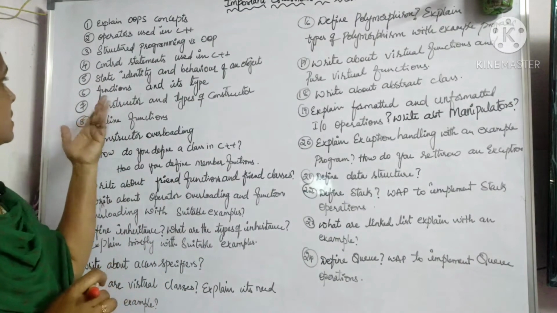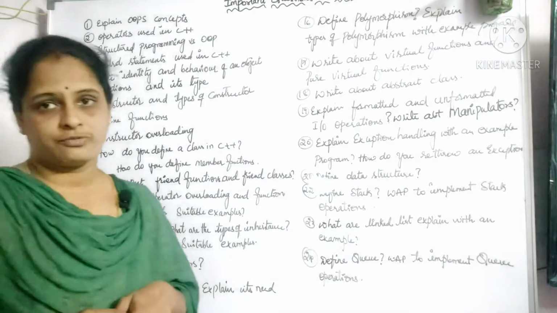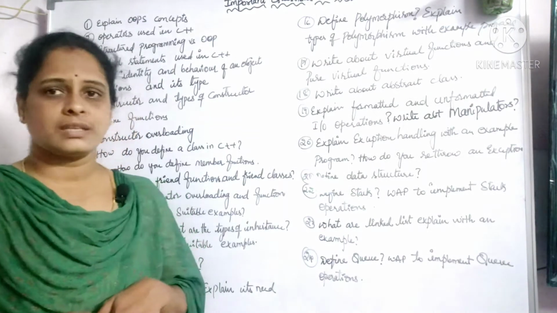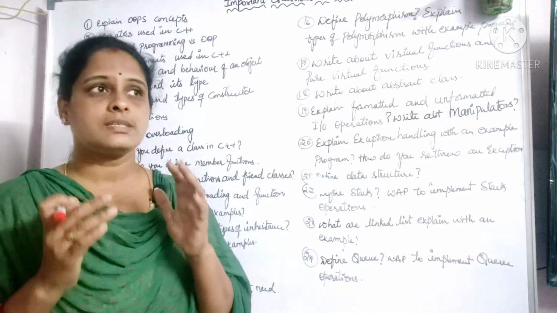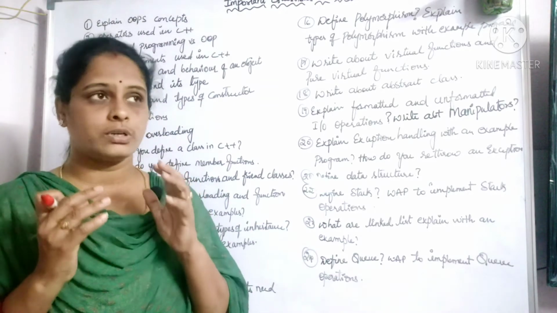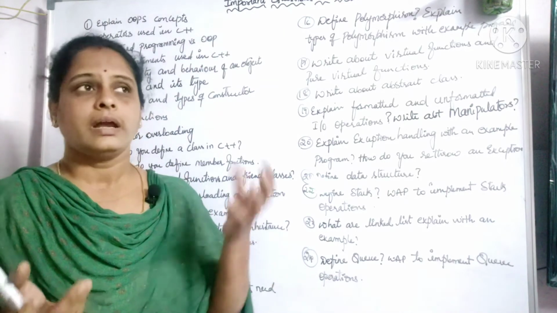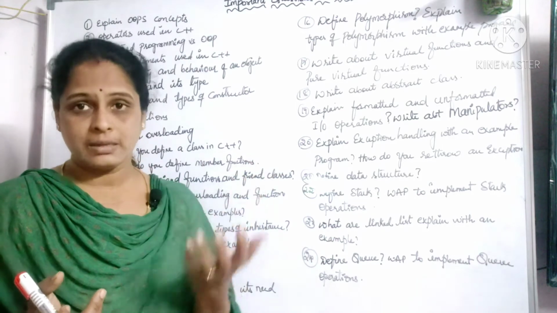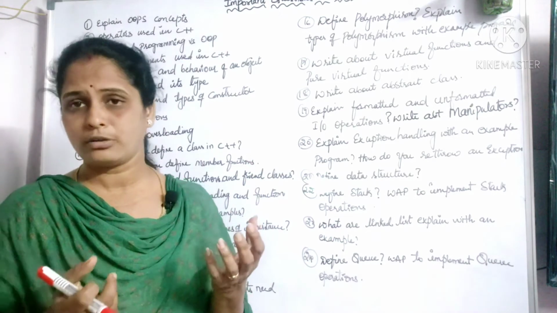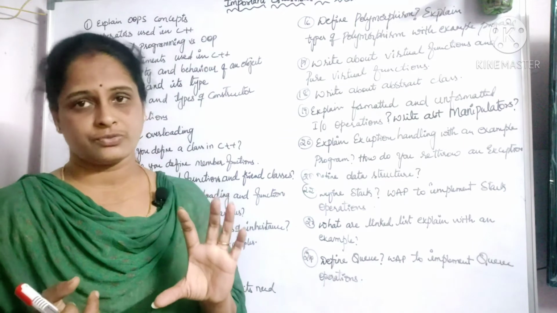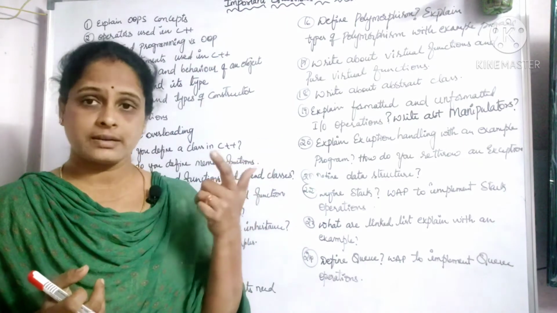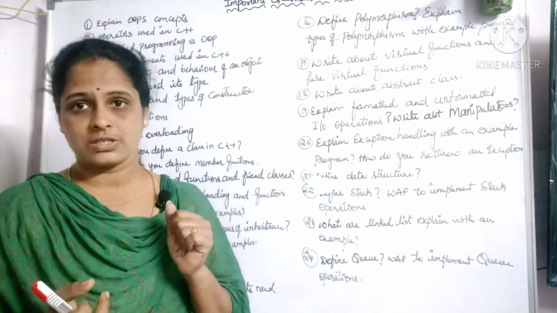Coming to the next one: what is a function and what are the types of functions? A function is a set of code written for doing a particular task, right? And we have different types of functions. You need to discuss the elements of functions, for example, function declaration, function call and function definition.